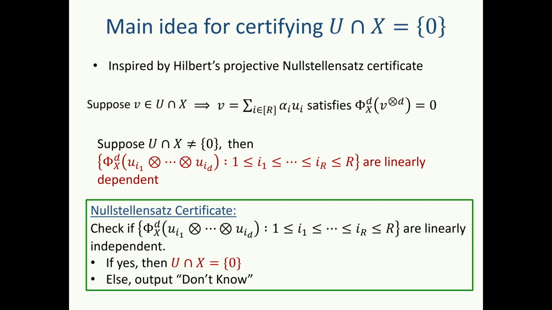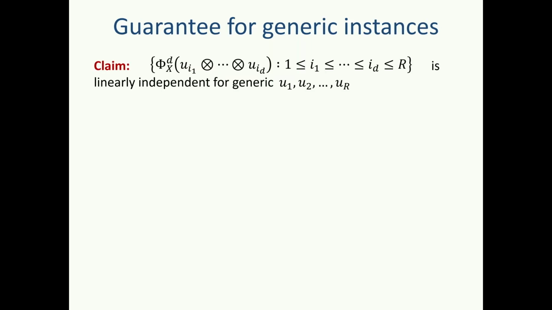But the main contribution of our work is to show that this Hilbert Nullstellensatz certificate, even at the first level, actually does pretty well. Okay, it works for subspaces going up to a fairly large dimension. So that's the main technical thing. You want to show that all these vectors are linearly independent for a generic choice of u1 to ur.